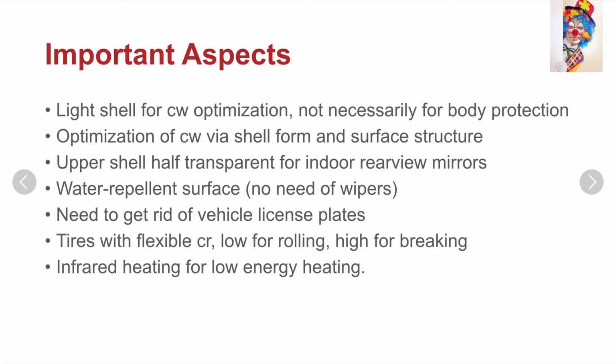And then another topic is that we use infrared heating for low energy heating in the vehicle. Because with infrared heating, you don't need to heat up the air in the vehicle anymore. You can directly heat up the body of the driver.